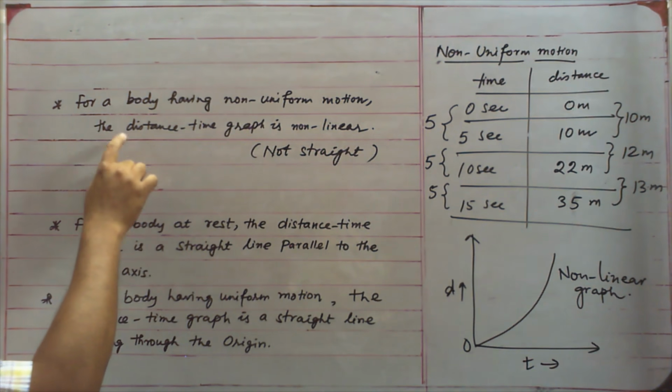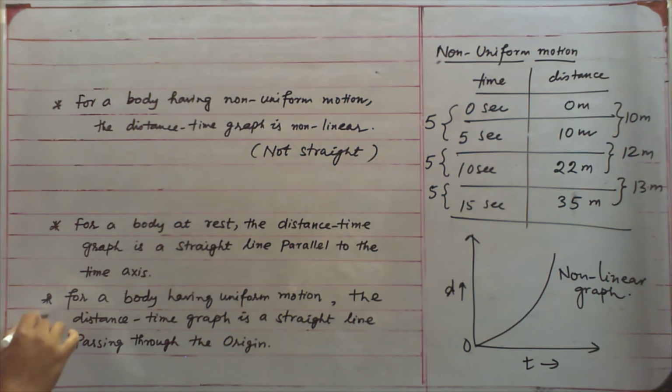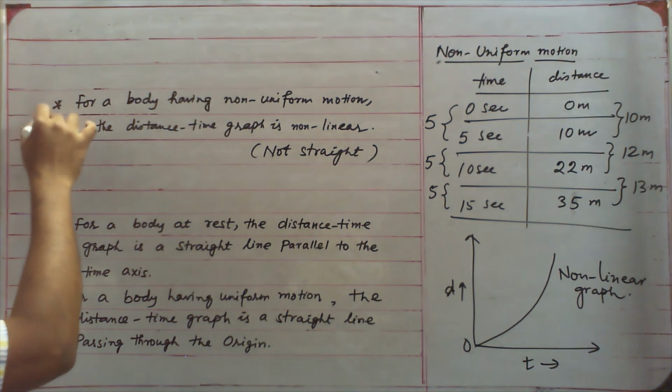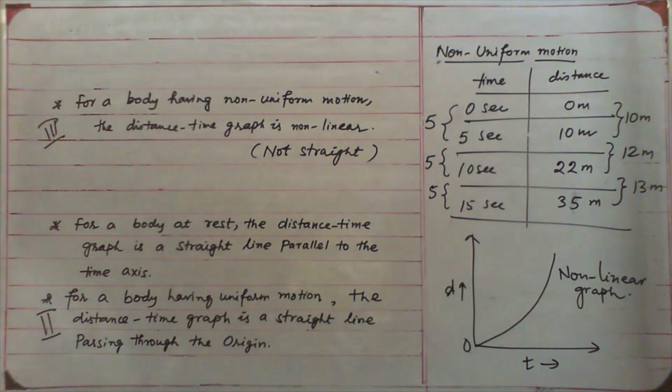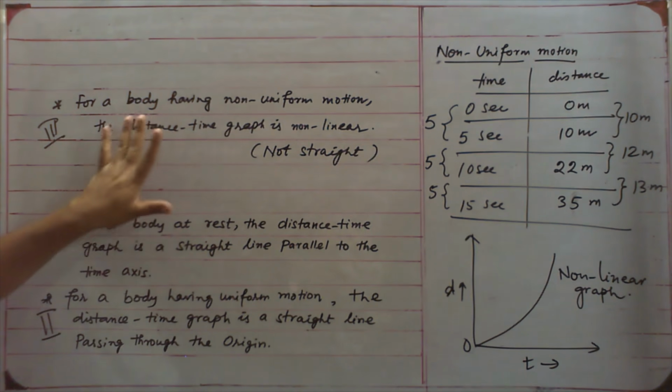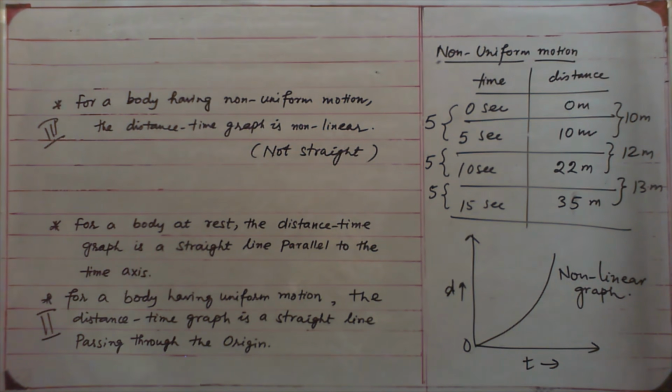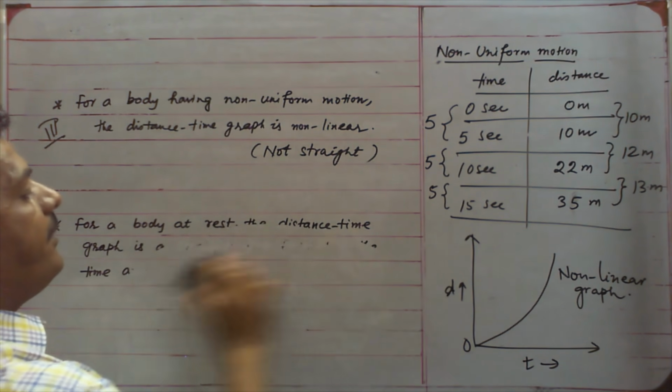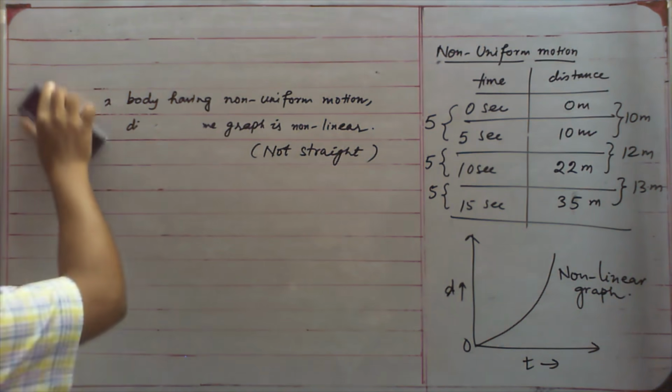But in the second and the third cases, the body has traveled a certain distance. So if we know the distance and the time, what physical quantity can we calculate? We can calculate the speed of the body. So let us see how to calculate the speed of the body from the distance time graph. The next topic is calculating speed from the distance time graph.